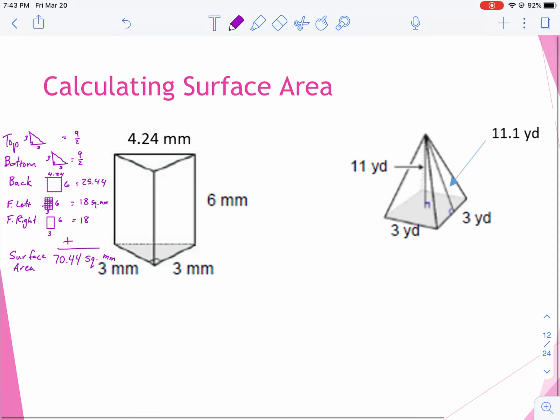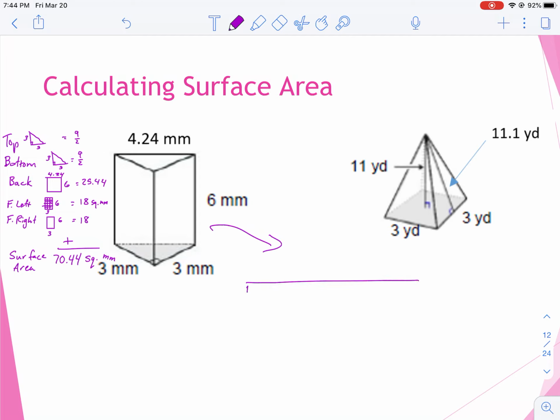So one method is just to decompose it like I have here. The other, which is what I think is typically shown, is trying to draw a net of this. But I think this is challenging for students.